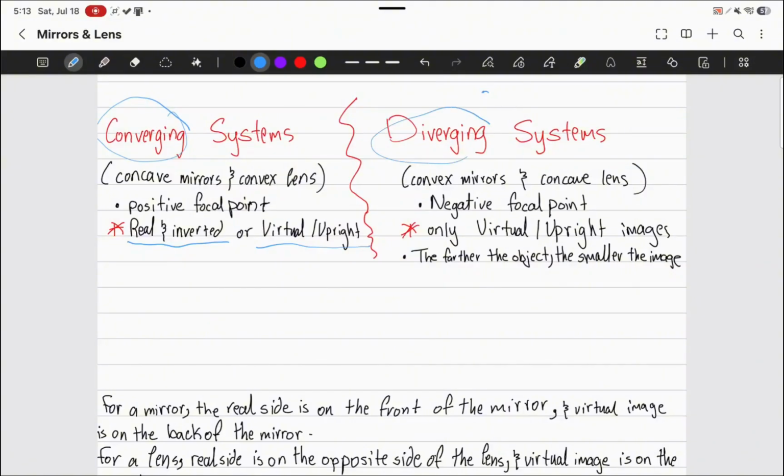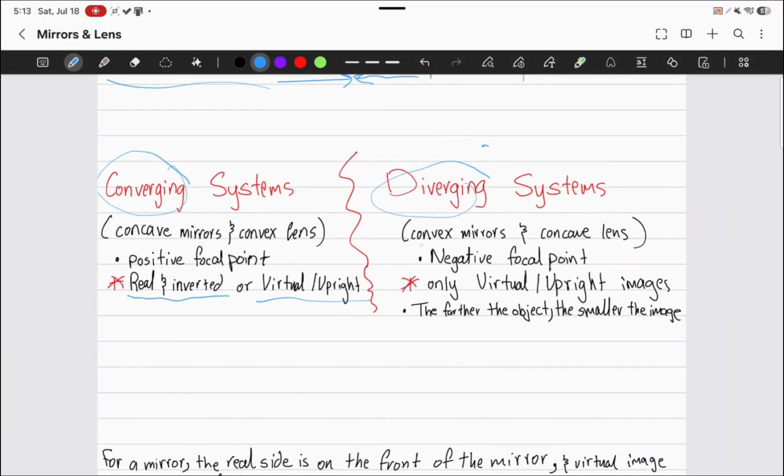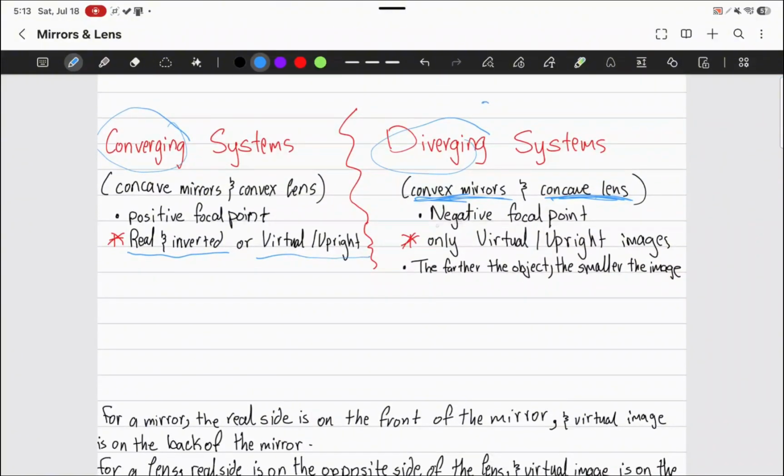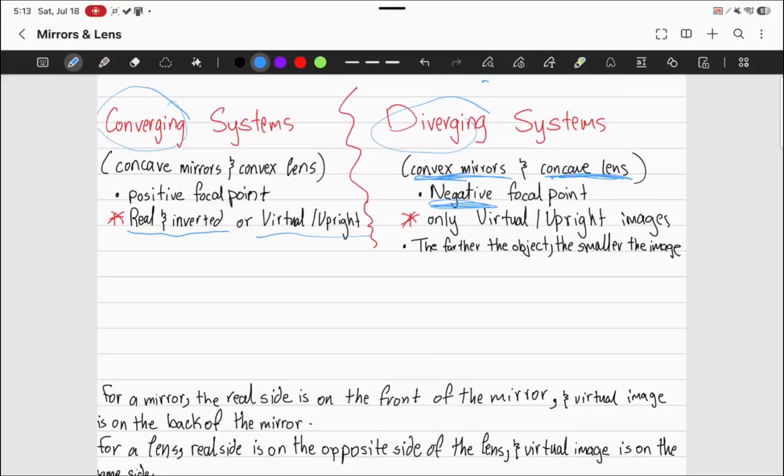Diverging systems, however, include convex mirrors and concave lenses. And this means that it has a negative focal point. And the reason why it has a negative focal point is because, and this is very, very important to know, it only has virtual and upright images. And the farther away the object, the smaller the image.